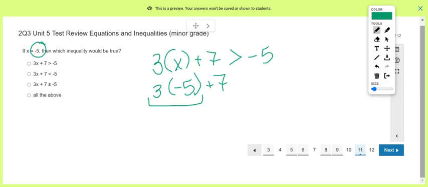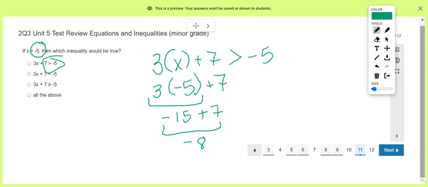So take out x, put in -5. So 3 times -5 is going to be -15. And -15 plus 7 is going to be -8. All right, so now we're going to check these inequalities above.